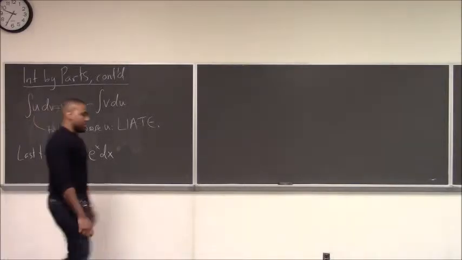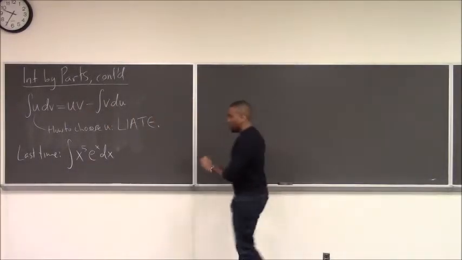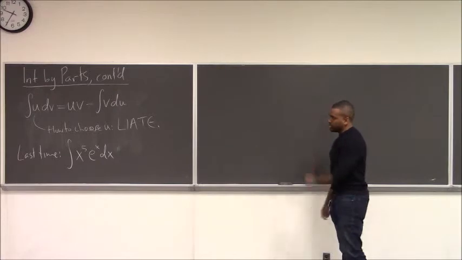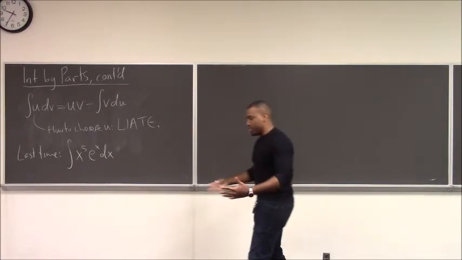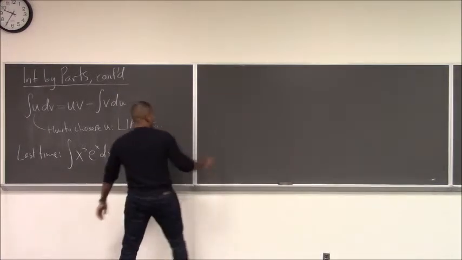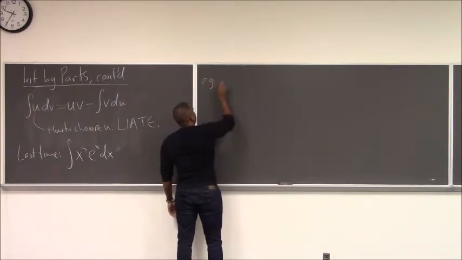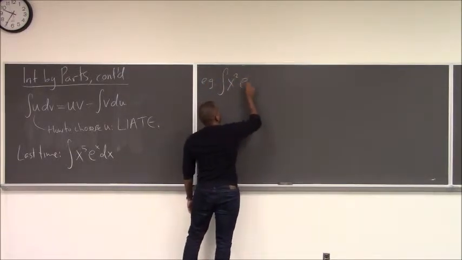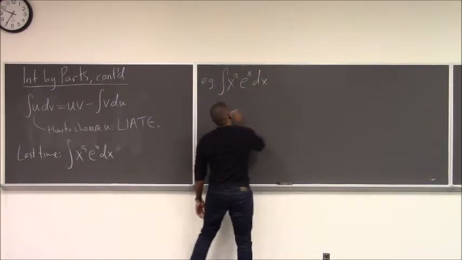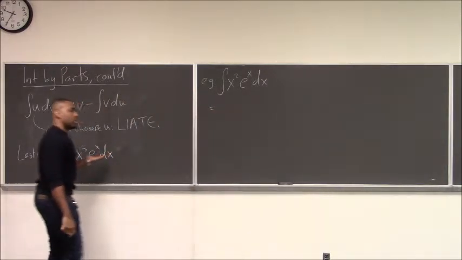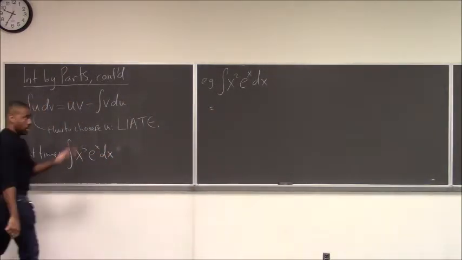Let's do something a little bit easier, and we'll do a couple more examples before I actually deal with this one, just to introduce the new method that I want to talk about. Let's do something like that, and then you'll see what this would require. So how would you do something like that?